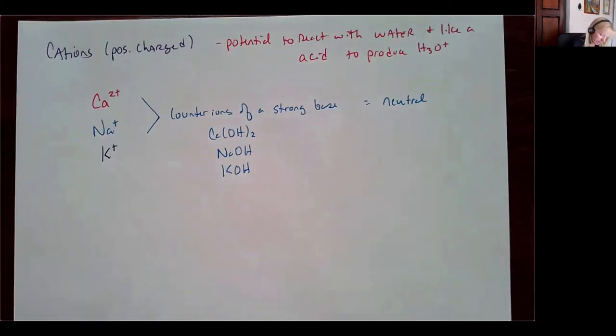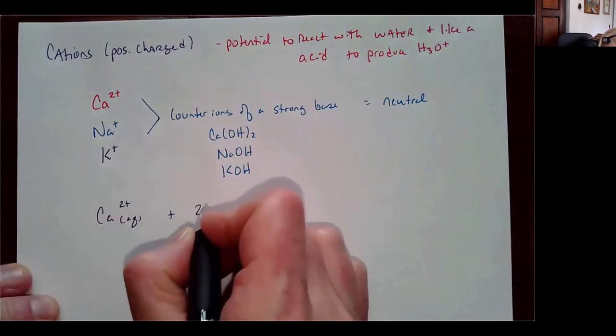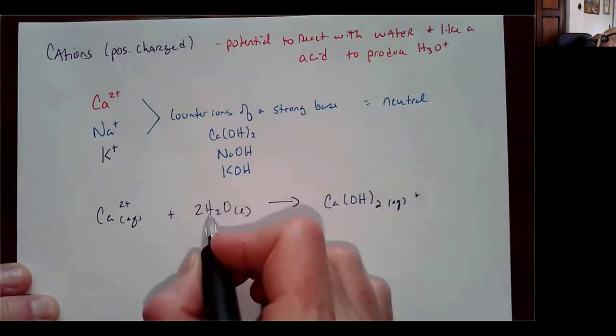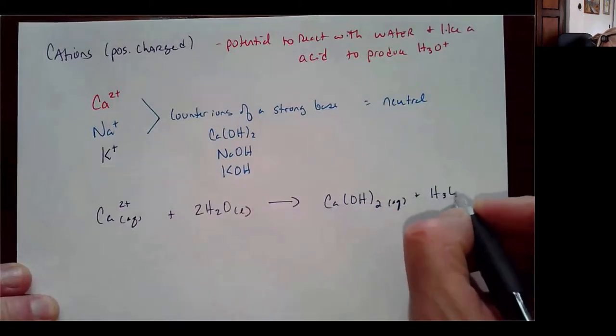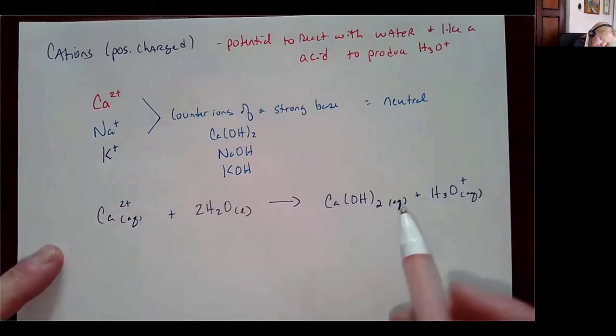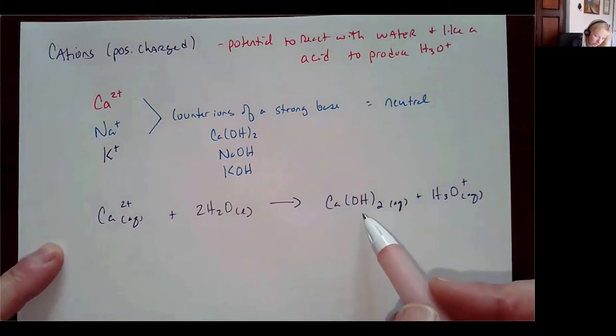Because what would have to happen is you would have to have calcium ion reacting with water, forming CaOH2, which is going to leave a hydrogen ion, which is going to quickly react with another water to form hydronium ion. In order for this to act like an acid and react with water to produce this, it's going to have to pull the hydroxyl group off of water.